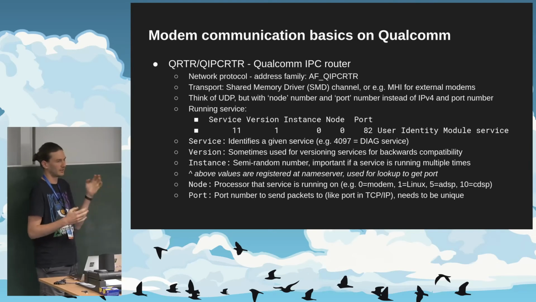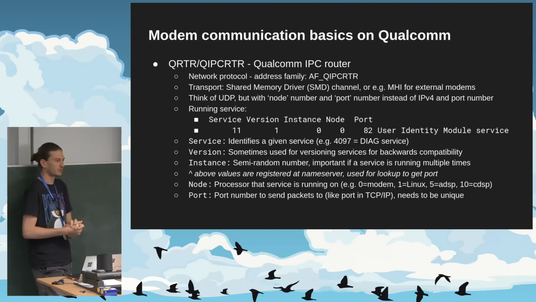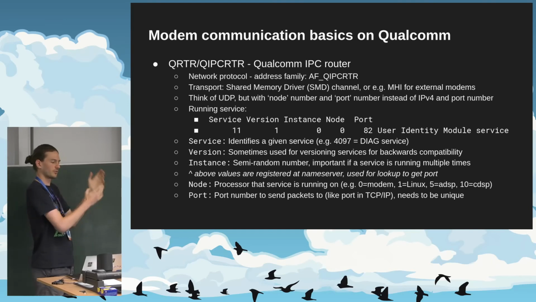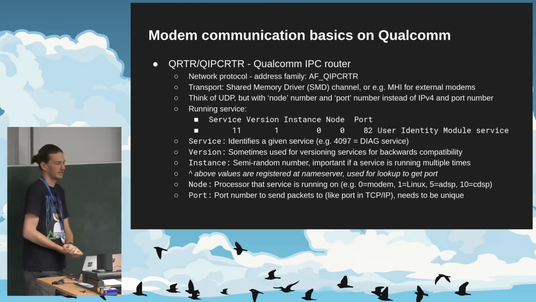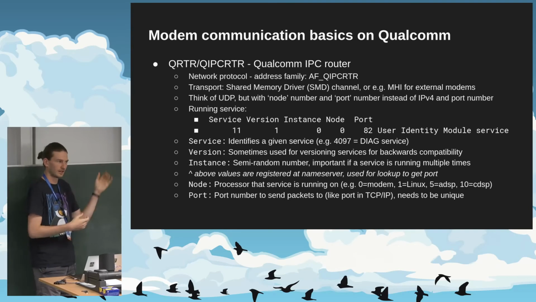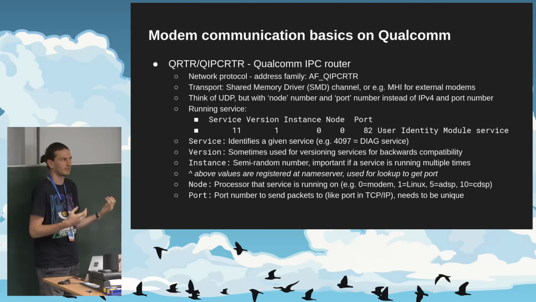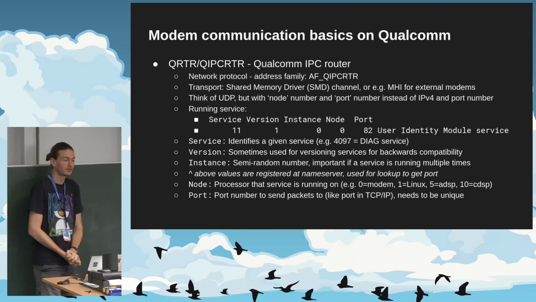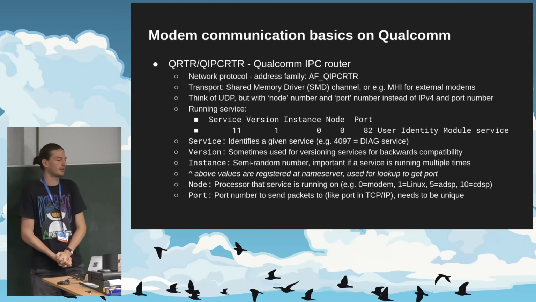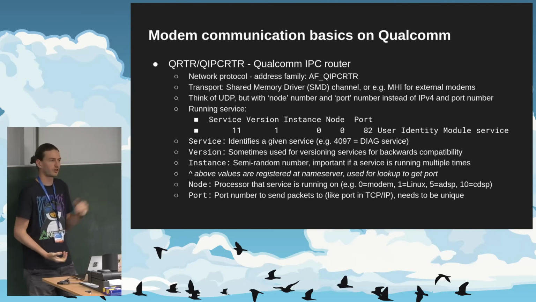But basically, if you want to speak to a given service, you go to the name server. You ask it, hey, I want to talk with service number 11, and then you can get a list of the services that are running as service 11, and then you can figure out which node and which port it is running on.